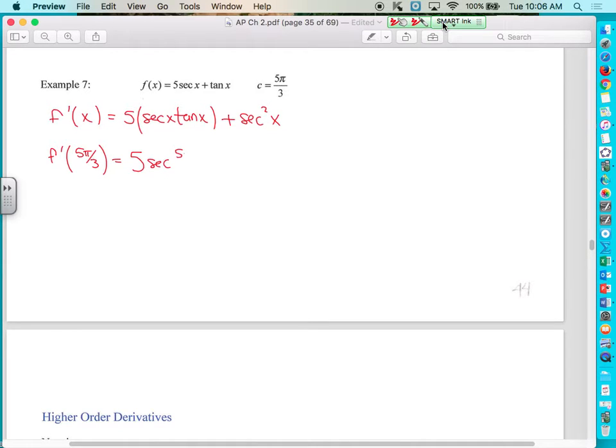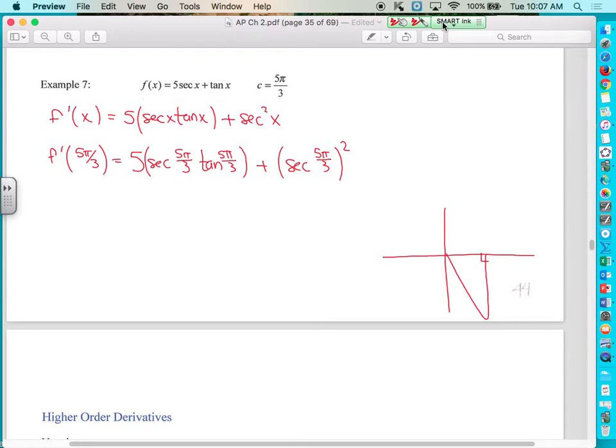Secant of 5 pi over 3 times tangent of 5 pi over 3, plus secant of 5 pi over 3, and then that thing is squared. So 5 pi over 3, that's 300 degrees, which is in this fourth quadrant here. So if I fill in some sides for this, that's a 60-degree reference angle, so the opposite side would be negative root 3, and 2, and positive 1 in that first quadrant there.